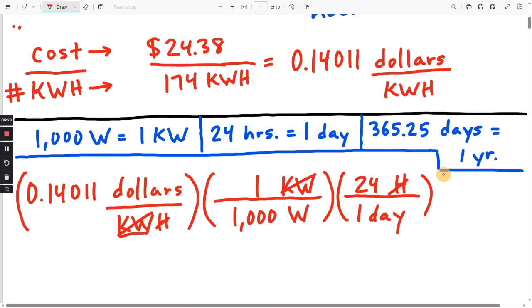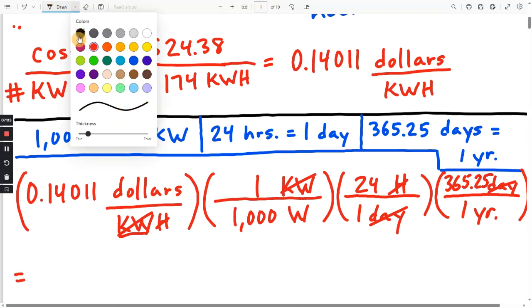So one more fraction here. Alright, days is in the denominator, so I want days in the numerator right here. Alright, so that's 365.25. And that equals 1 year. Okay, days divided by days cancel. And now the units left are dollars per watt year. So that's perfect.